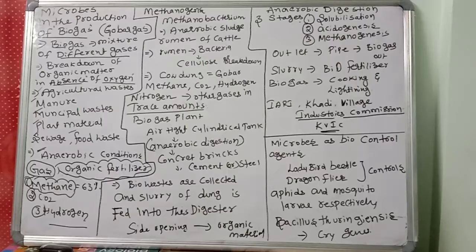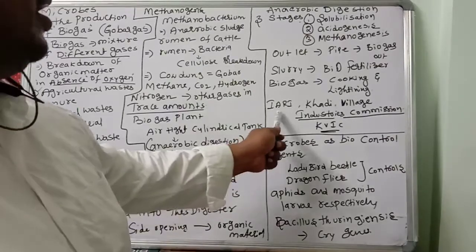Why? Because in the villages cow dung availability is more, right? So without wasting that cow dung, we can use cow dung and organic matter for production of biogas. This technology was first encouraged in our country by the Indian Agriculture Research Institute.